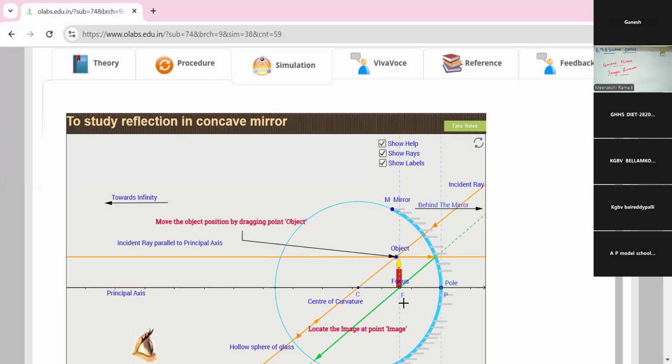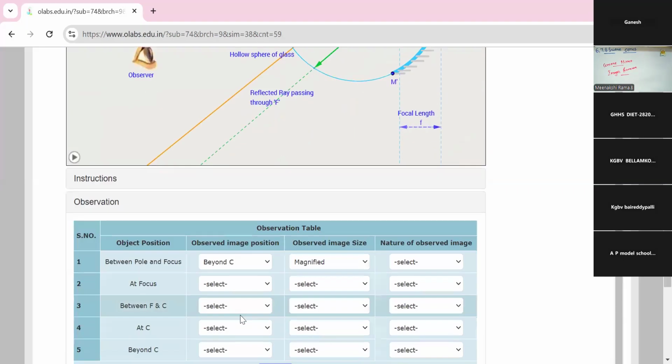So this is called the magnified position. And then real and inverted. Real and inverted nature will occur at the focus point position.